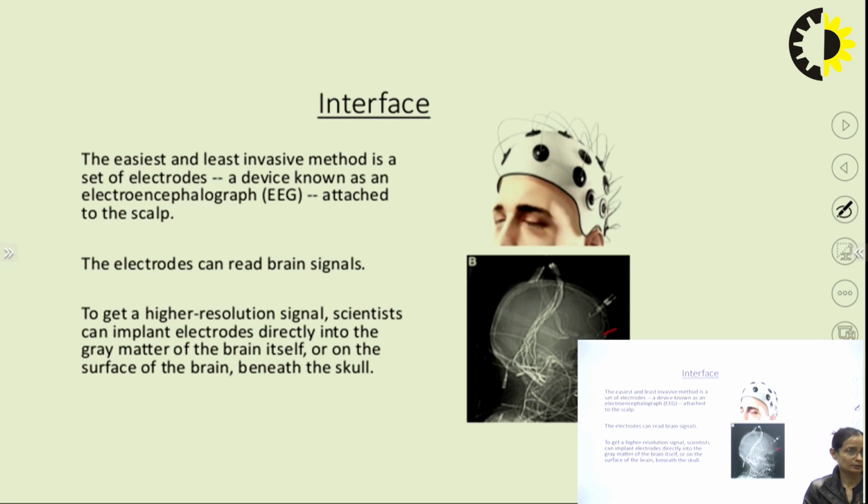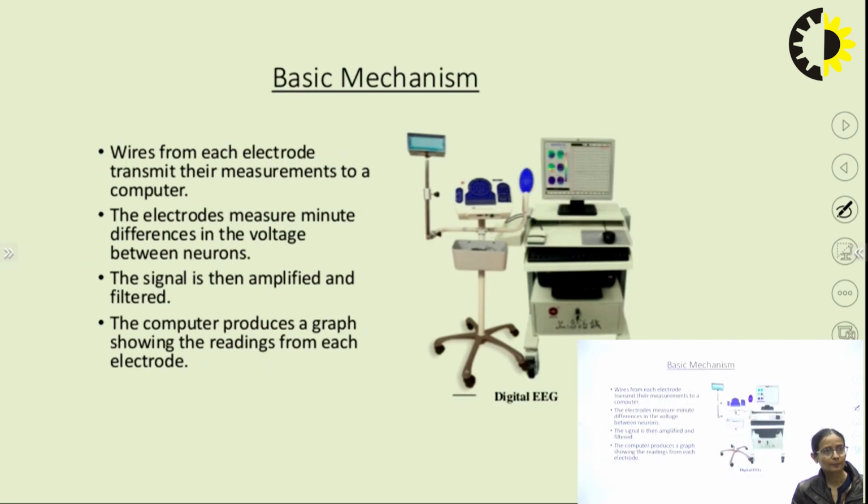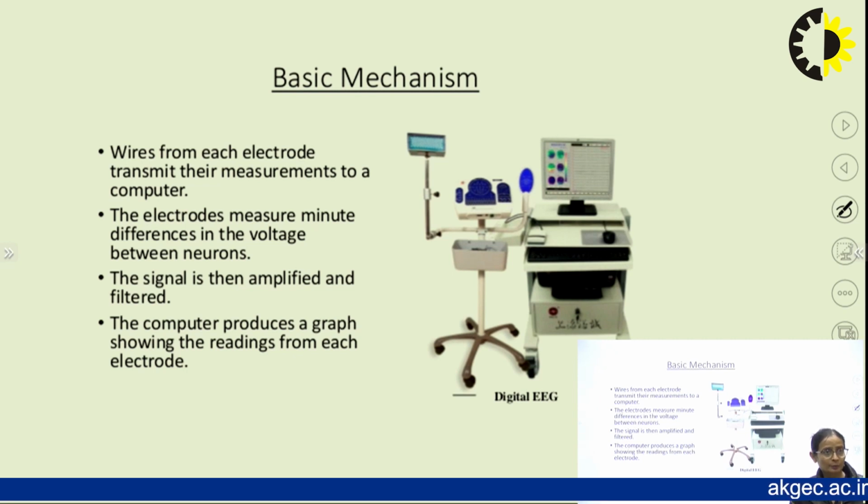To get a higher resolution signal, scientists can implant electrodes directly into the gray matter of the brain itself or on the surface of the brain, beneath the skull. Wires from each electrode transmit their measurements to a computer. Here we have a computer, and this computer is receiving the signals from the EEG device.